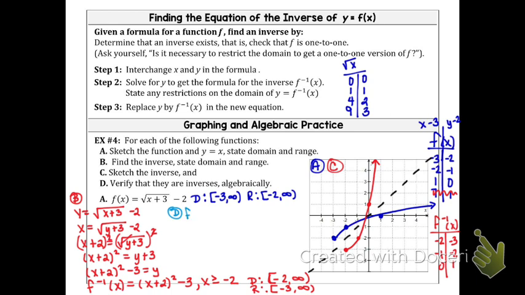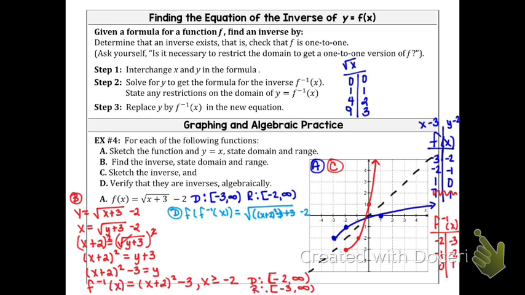So we're going to take f of the inverse of f of x. So that means the original one, f is my skeleton. So square root of x plus 3 minus 2. And we're going to plug in what we got down there. So that x plus 2 squared minus 3.